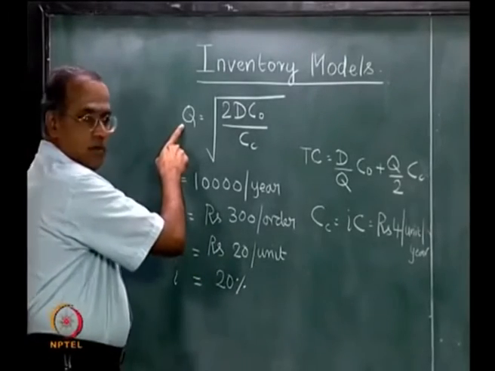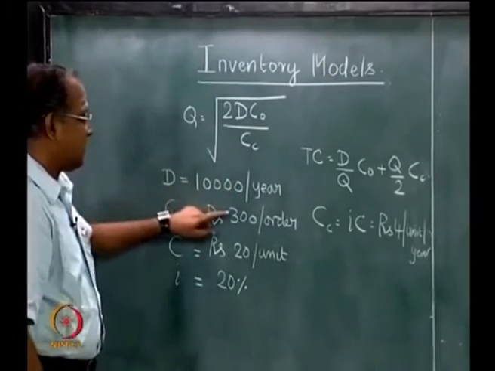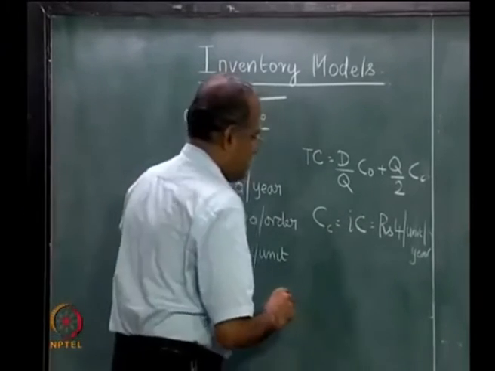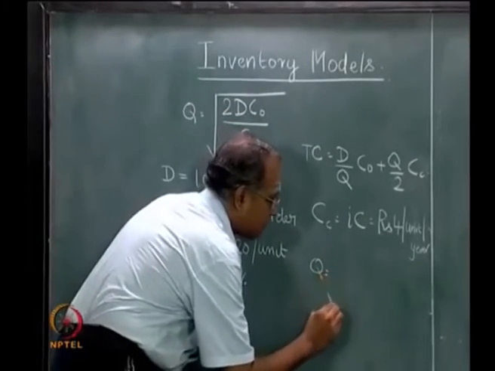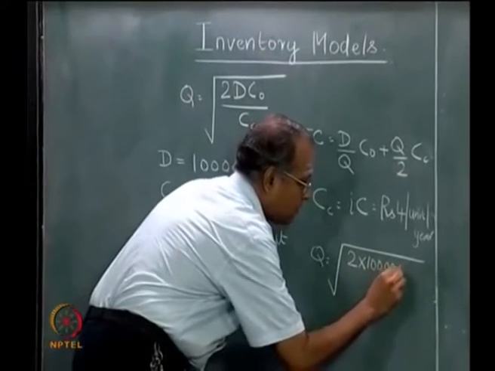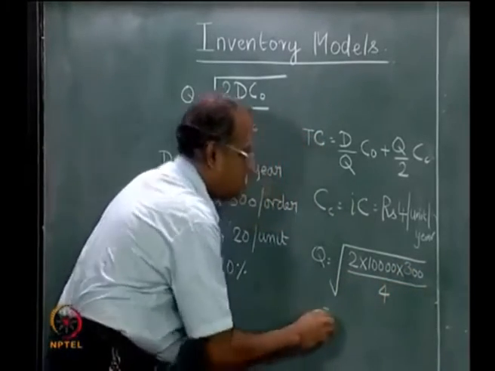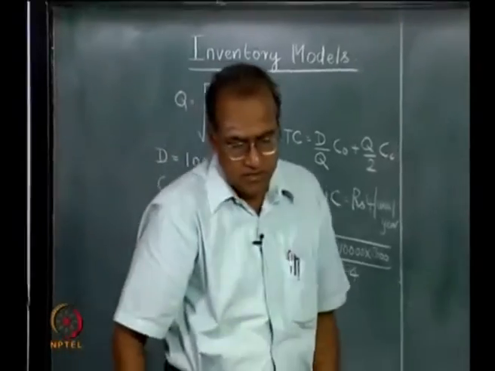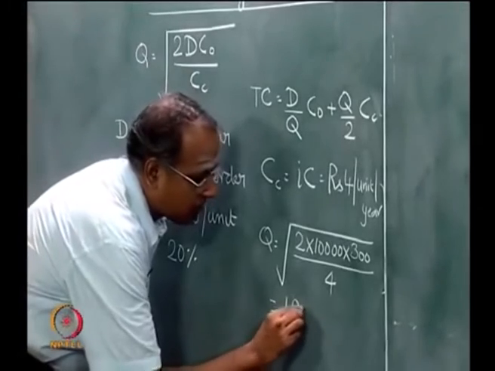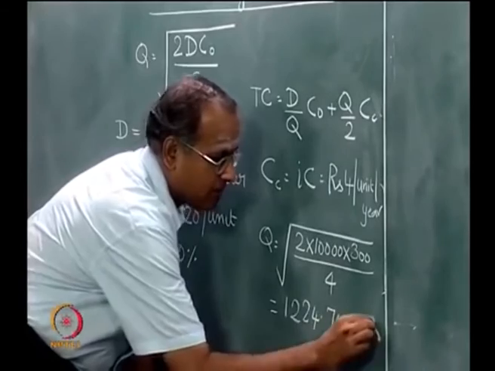Now, when we apply this formula, we are given D, C naught and Cc: 10,000, 300 and 4. So, Q is equal to root over 2 into 10,000 into 300 by 4, which on simplification gives us 1224.74 units.